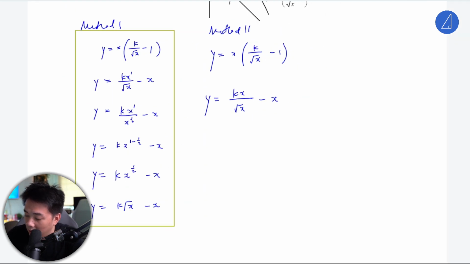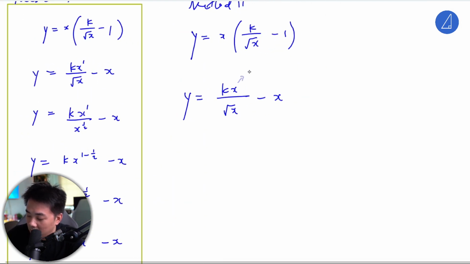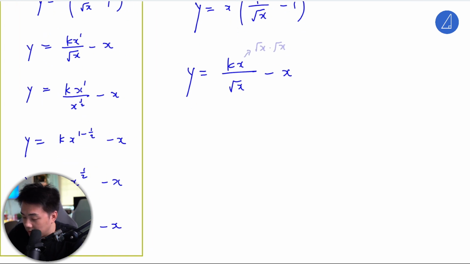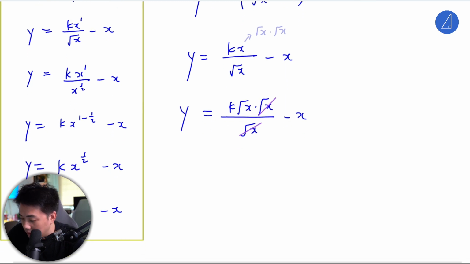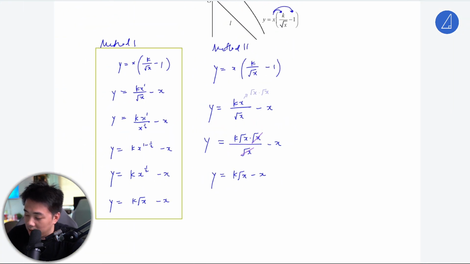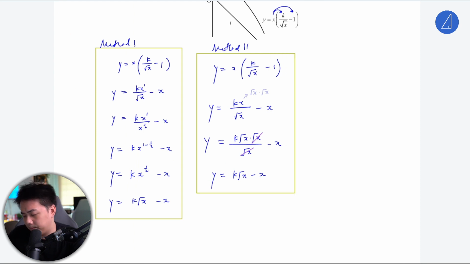Then you can know that x is actually root x multiplied by root x. Then that will be much faster. You can get it straight by cancelling. So y is equal to k root x minus x. This is much faster by using the natural form.